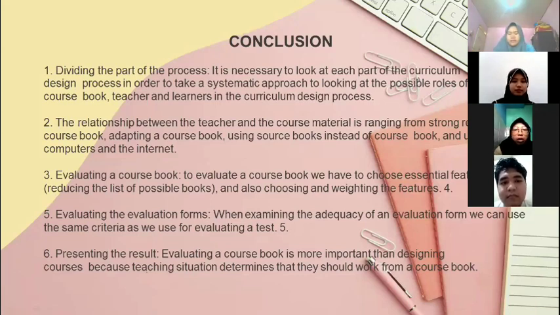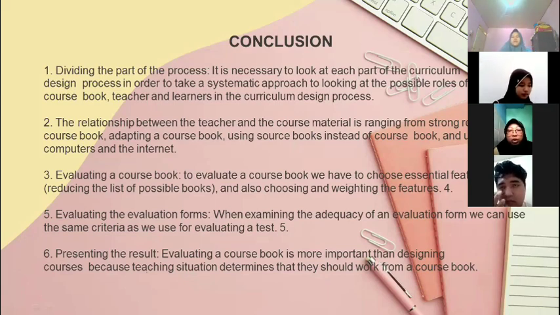Dividing the parts of the process, it is necessary to look at each part of the curriculum design process in order to take a systematic approach to looking at the possible roles of the course book, the teachers and learners in the curriculum design process.